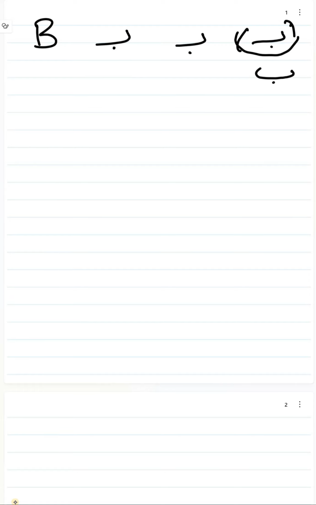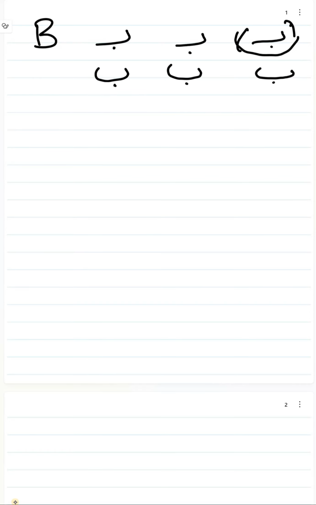Okay, so how do we write the letter B in Kurdish? Well, if it's at the beginning of a word, we write it this way, like this, with a dot at the bottom of it. This is at the beginning and middle of a word. If it's at the end of a word, we basically close the end. We write it this way.